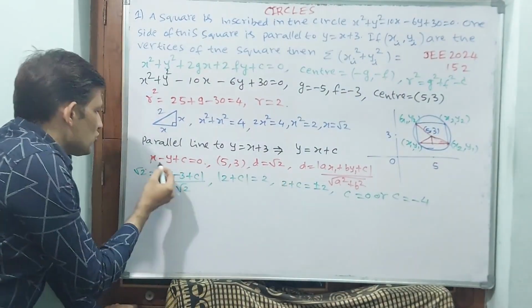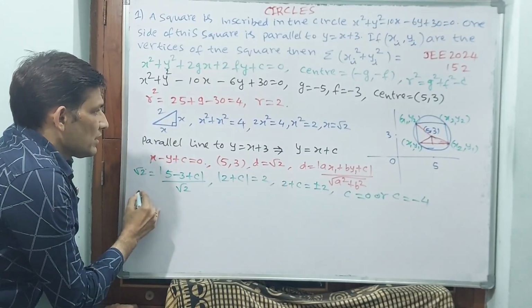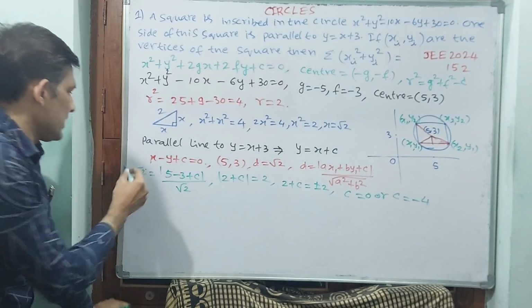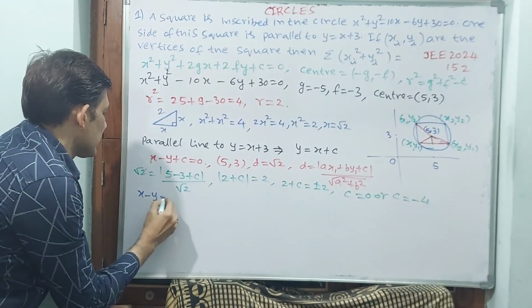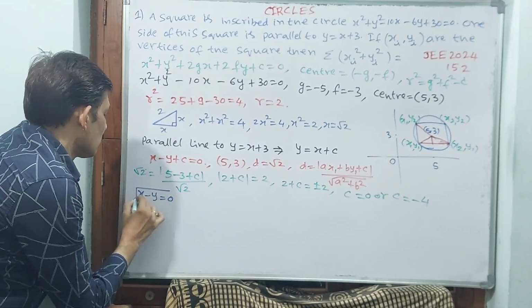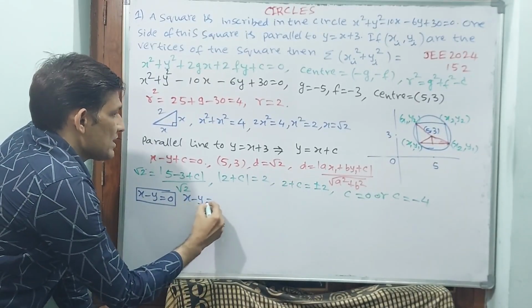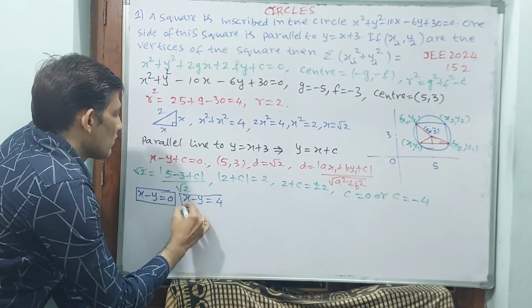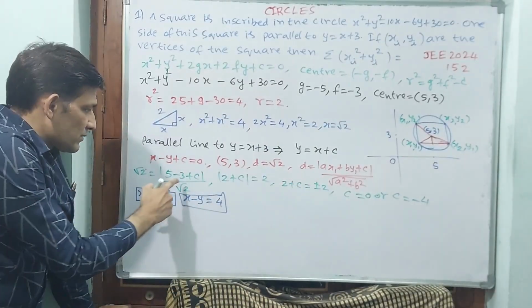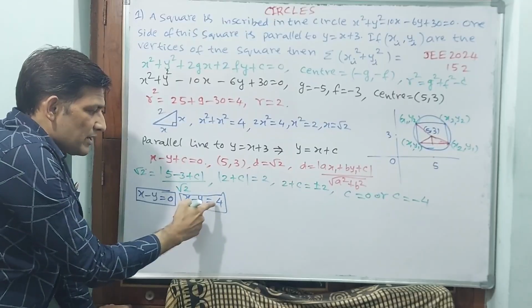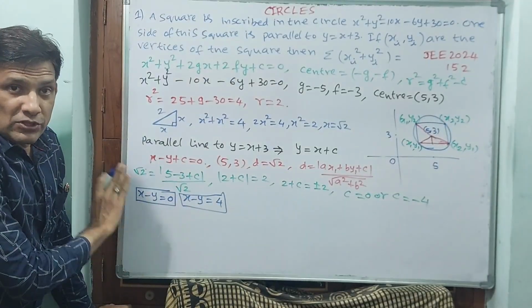Every equation I am boxing. If c is equal to 0, x minus y is equal to 0. And also x minus y is equal to 4, because c is equal to minus 4 means this minus 4 goes that side and becomes 4. These two equations you have got.